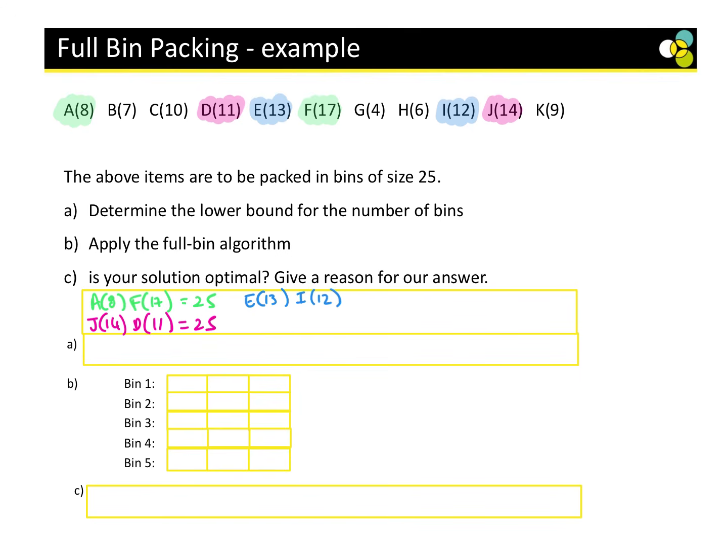Okay, so I can put these in. So we can have A8, F17, that's full. We can have J14, D11, that's full. We're going to have E13, I12, that's full.